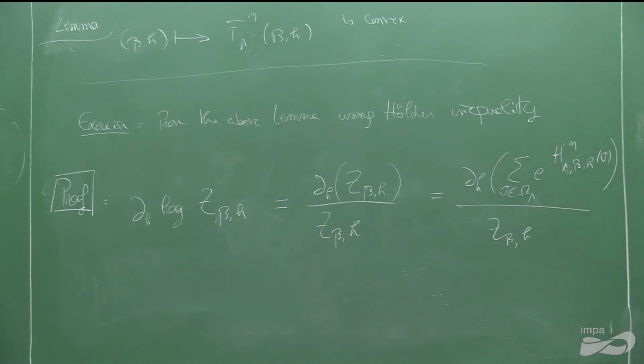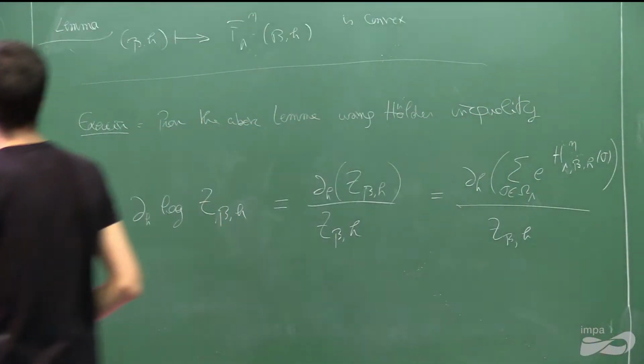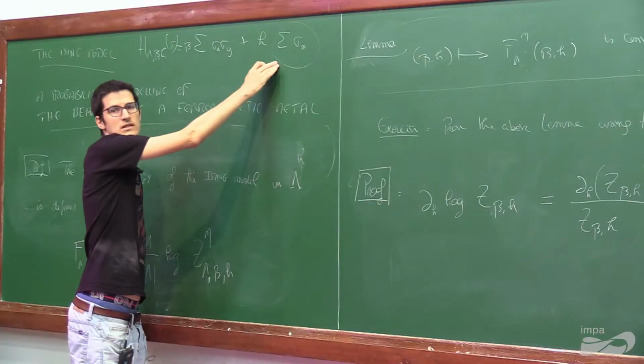So you have a sum of terms, so I just take the derivative of each individual term. And now if I take the derivative with respect to h, you see that what's going to fall down is this.